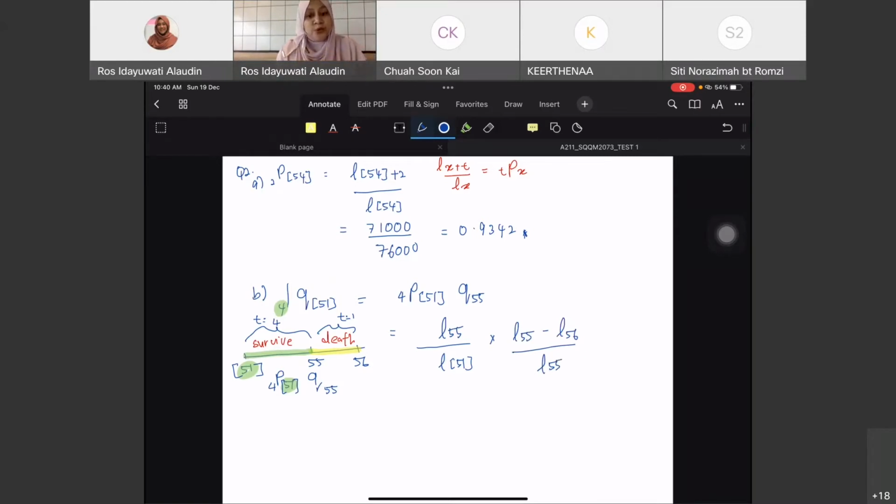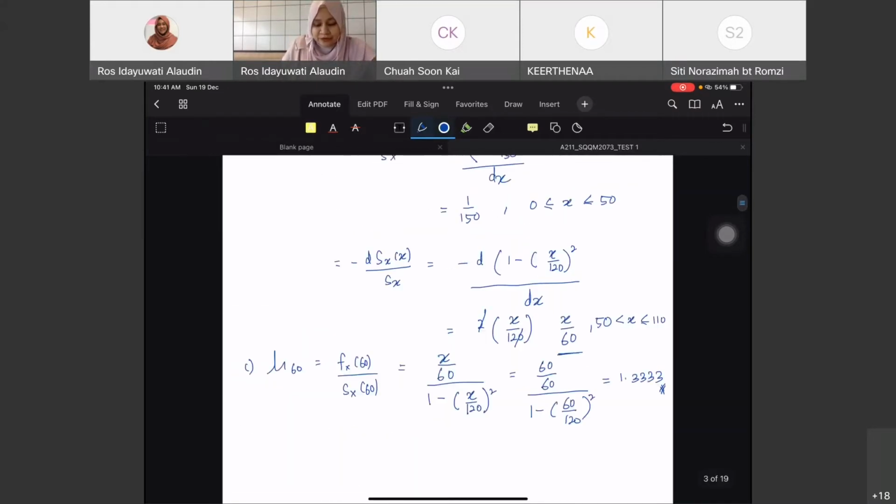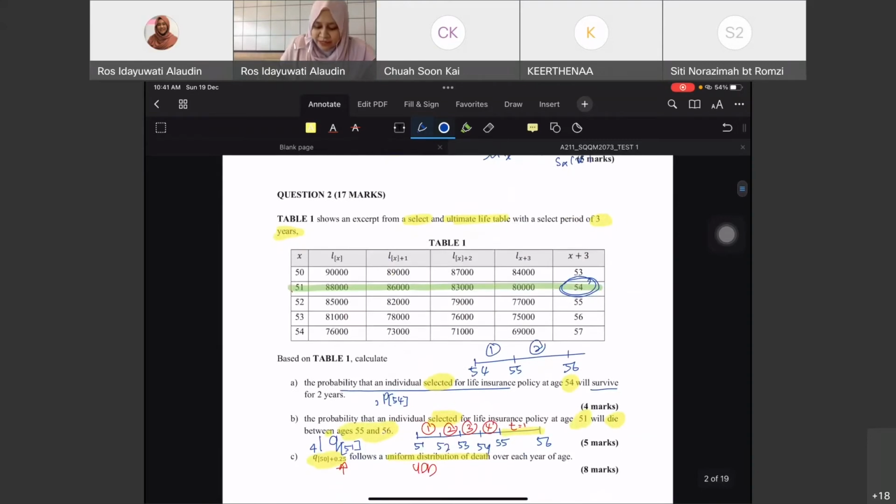So now we just have one value for the select life table, so this one we can cancel out. So what's left? (l55 minus l56) over l51.